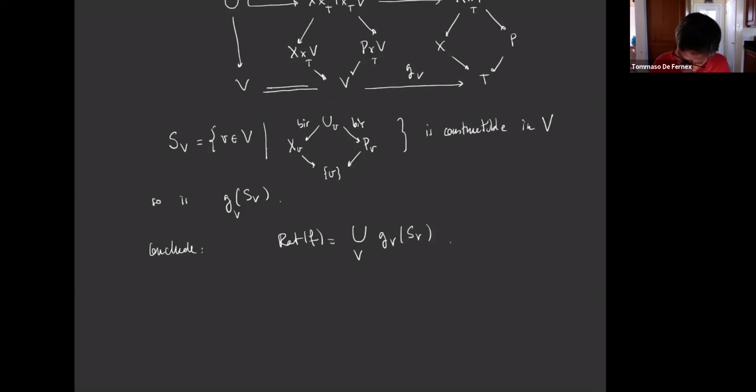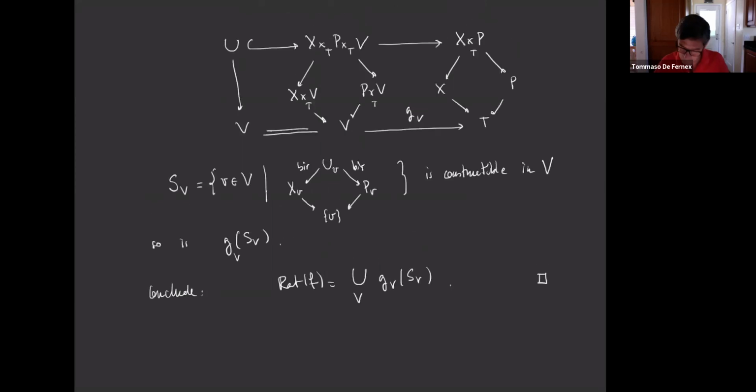And so this proves the constructibility because the Hilbert scheme has countably many irreducible components. And that's where the countability comes in. Okay, any questions on this one?